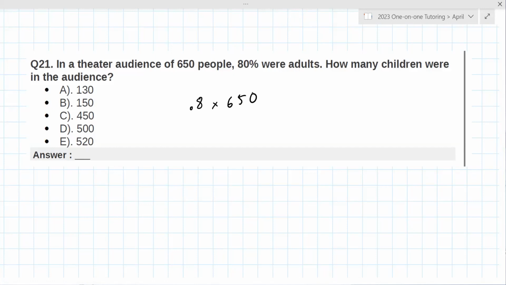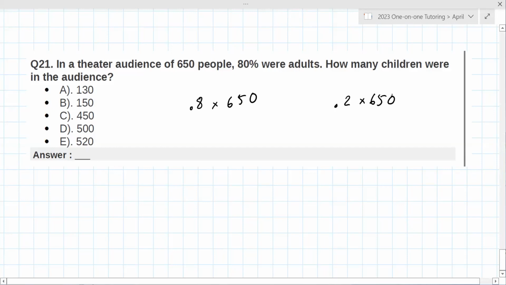One thing you could do though is work it kind of backwards, like what would be 20% of 650? Or I could do that too. I was just going to figure out how many were the adults, and then minus that from 650. That's fine. That would be the same way. You could think however will be best.